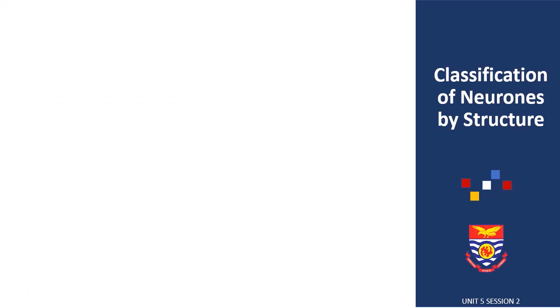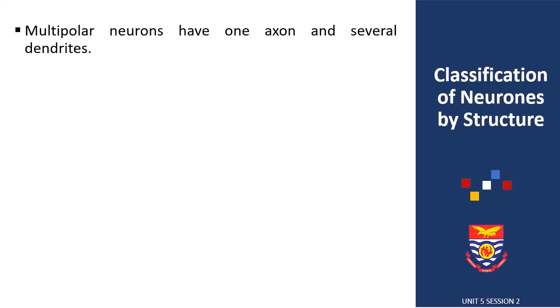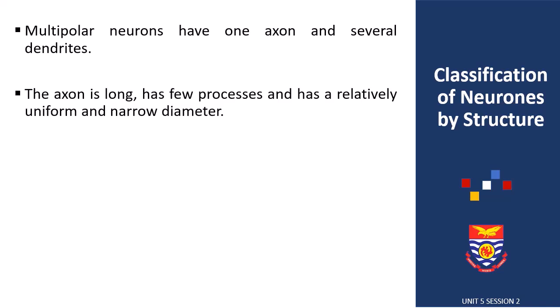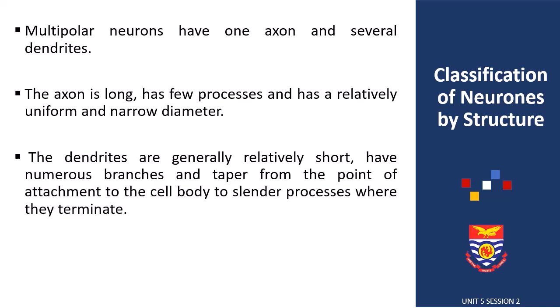Multipolar neurons, as their name implies, have several dendrites and one axon, and the axon is long, has few processes, and is relatively uniform and narrow in diameter. The dendrites are generally relatively short and have numerous branches, and they taper from the point of attachment to the cell body to slender processes where they terminate.